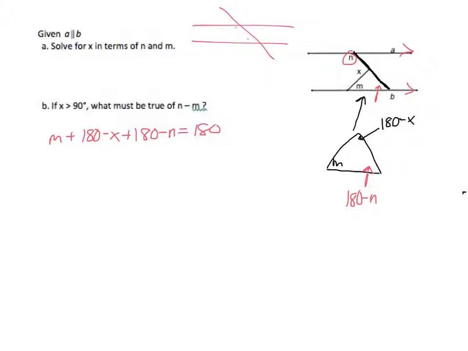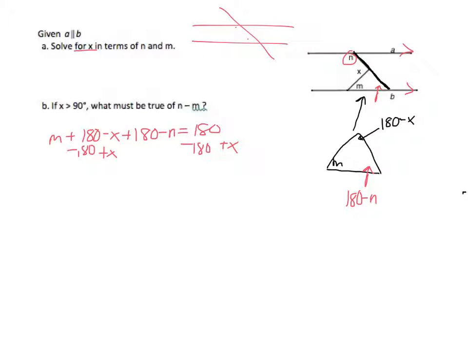Now keep in mind we're solving for x, so we want to get x by itself. I have a negative x here, so I'm going to add the x to the other side. And when I add the x over here, I want to get the 180 over, so I'm going to subtract 180 over, and then just combine everything together.